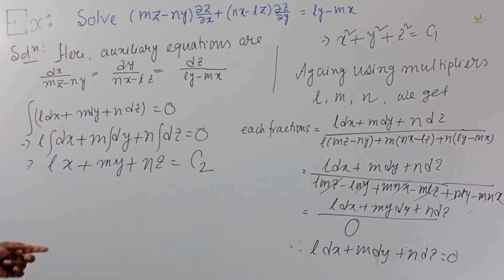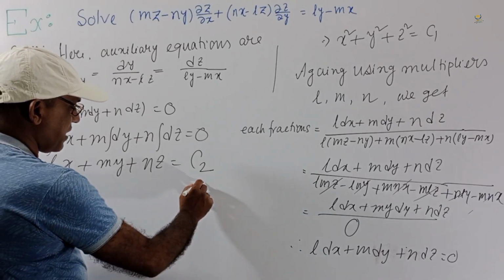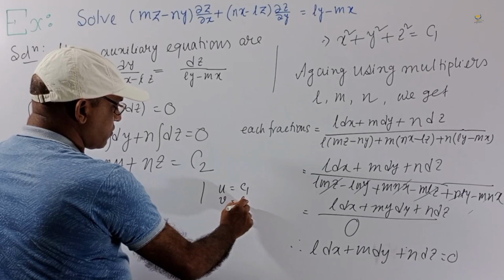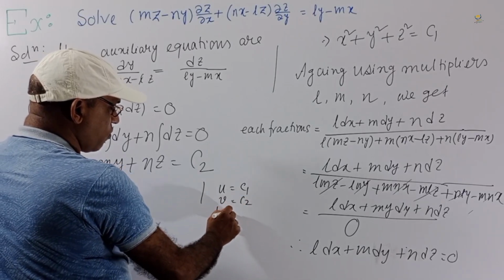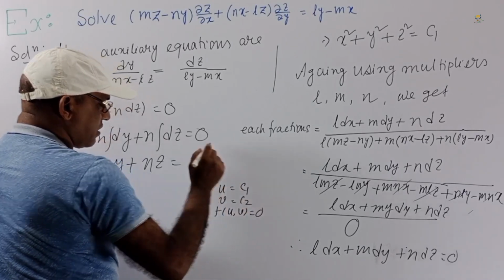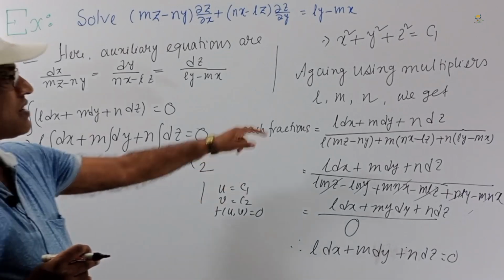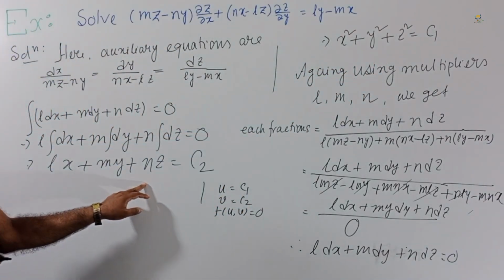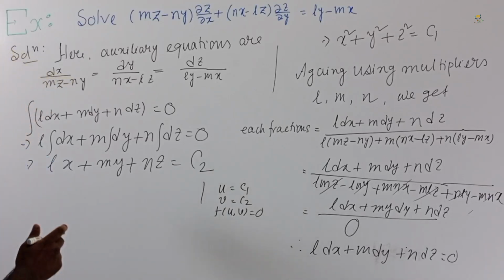So we know this condition, if u equal to c1, v equal to c2, then f of u comma v is the required solution. We know this. So this is u equal to c1, this one v equal to c2 we get. So solution will be f of u comma v equal to 0.